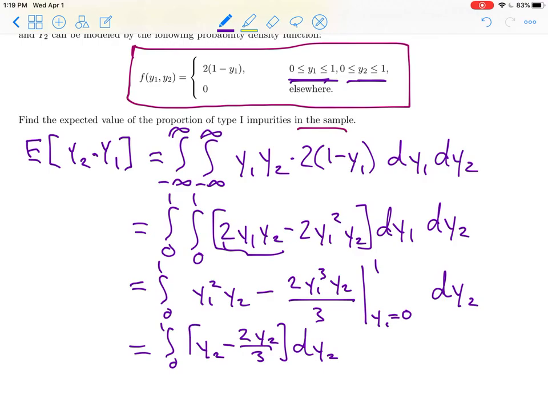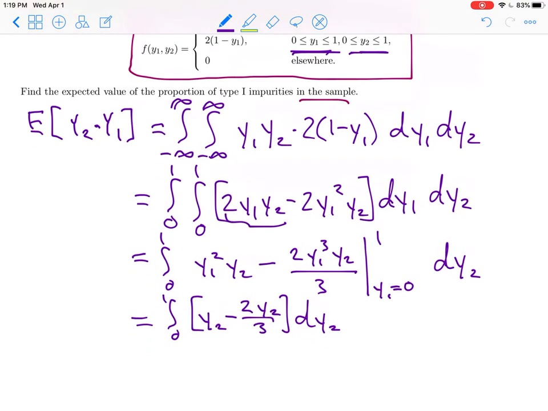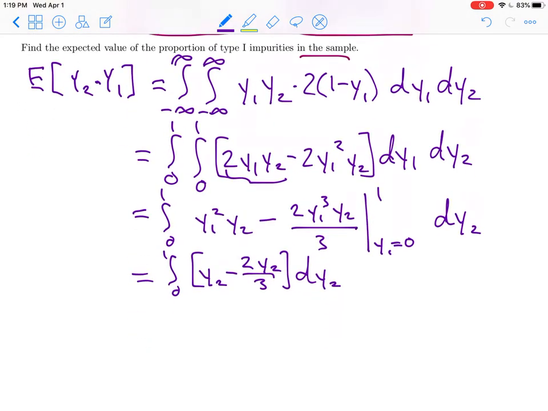Now we want to integrate this from 0 to 1. So we add 1 to our powers of y2 and divide by the new powers, and we evaluate this with values of y2 going from 0 to 1.